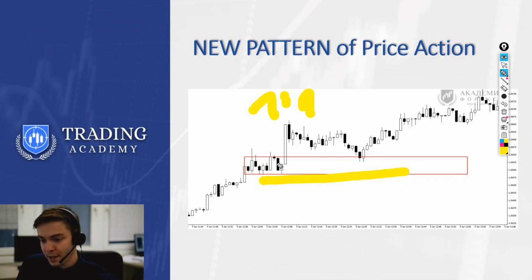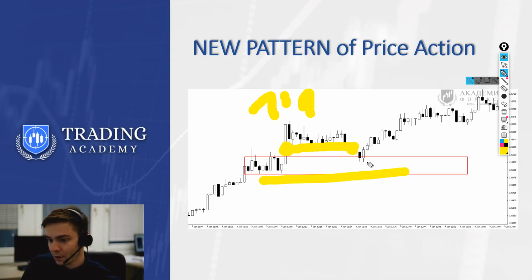And here you can see that if somebody was buying here and put his stop loss on break even, it's not really a good idea. So you need to be aware that retail traders trade based on fear and greed. And this is the psychology of our pattern. We trade smart money strategies.